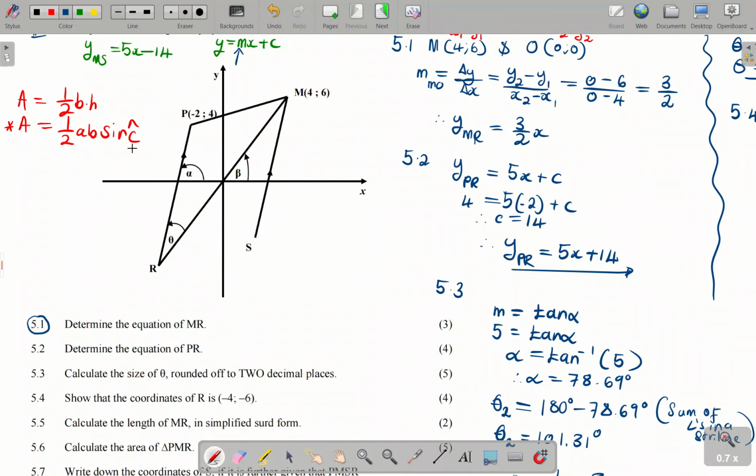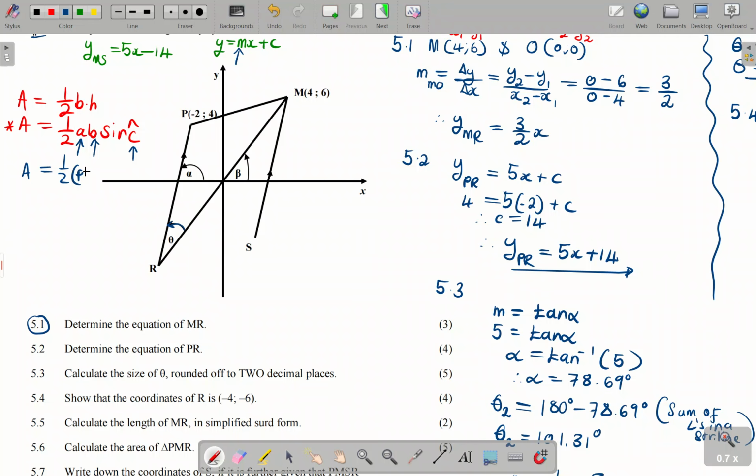But what is this angle here? And what is A? What is B? What is C? A is the side adjacent to your angle. In this case, our angle will be theta there. So you can call this our adjacent side, which is half of PR.